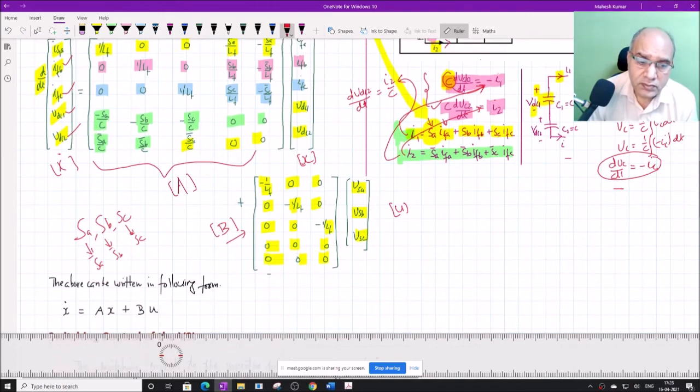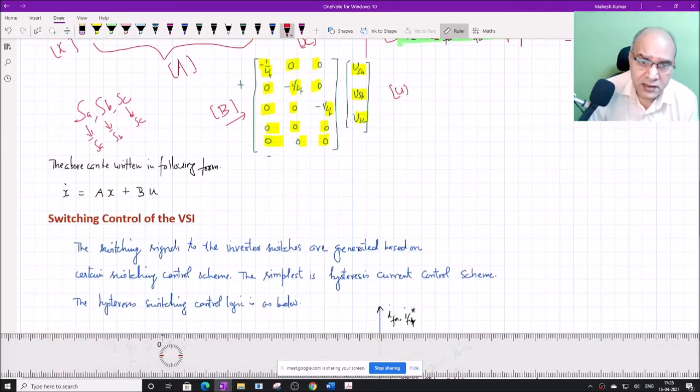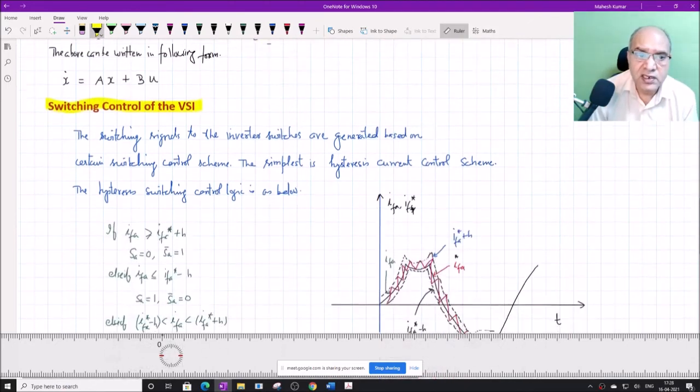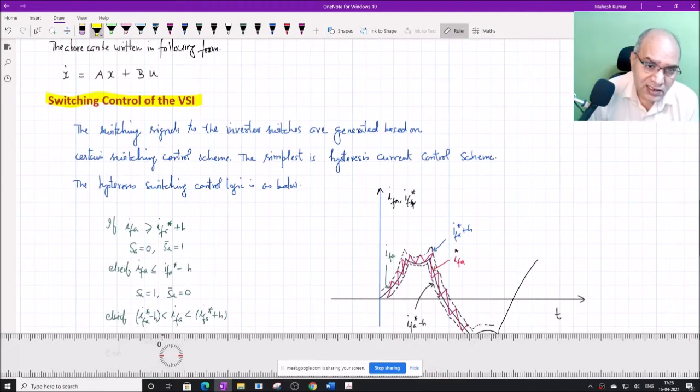So for that we use some kind of switching control, and this is called the switching control of the VSI. Switching control of the VSI determines what should be the switching signal for the inverter.